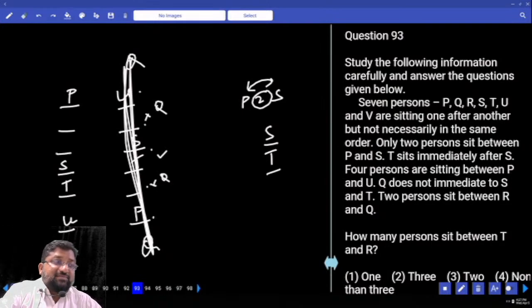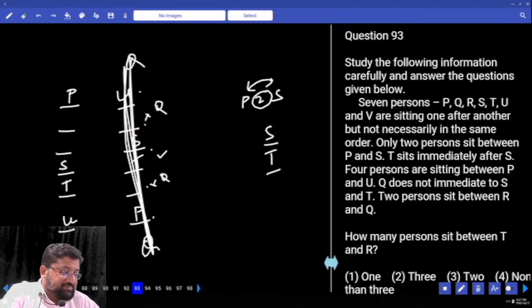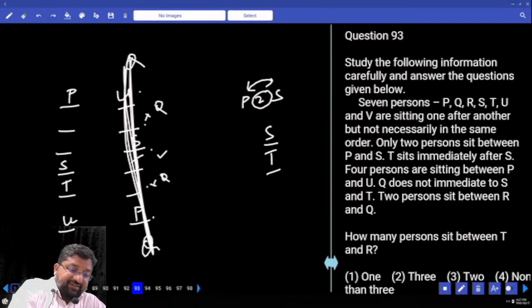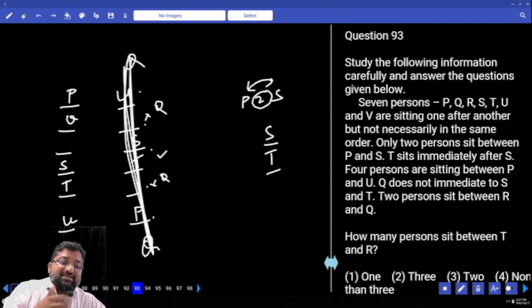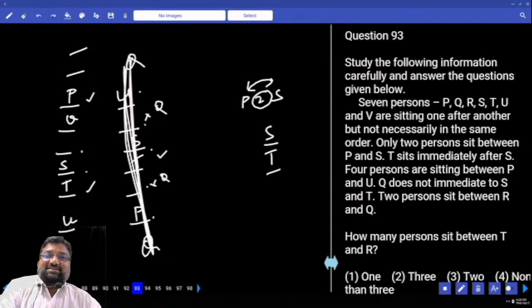Right? Now, when it comes to the left side, what should I do? Q does not sit immediate to S and T. Let us explore the possibilities. If I put Q there, 1, 2, then R, no way, because we have place for only 1.